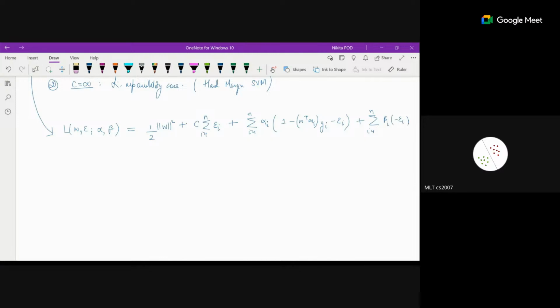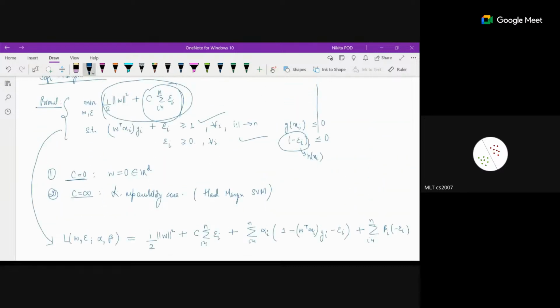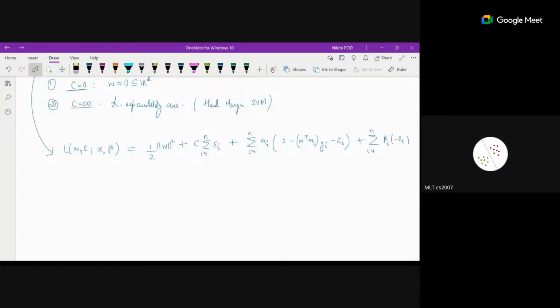This formulation can be written in the form of the Lagrangian as min over W, epsilon of max over alpha greater than or equal to 0, beta greater than or equal to 0 of L of W, epsilon, alpha, beta.